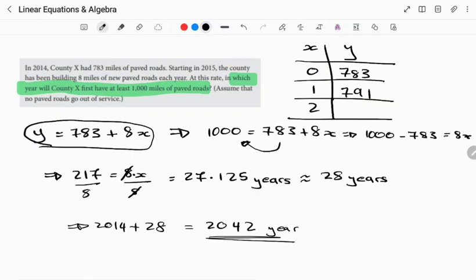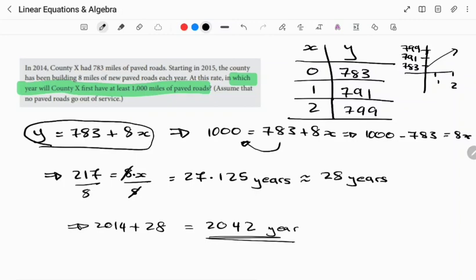And when x is 2, y is 799. And these values could be put on a graph. So set 1 and 2, and this is not drawn to scale. You would draw to scale on an actual graph paper, and you would have a linear relationship for this equation.